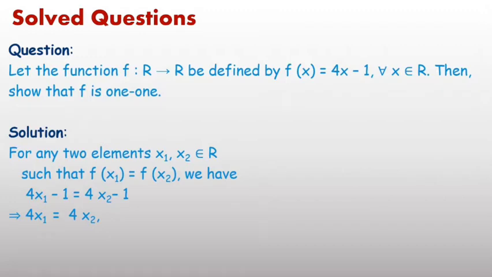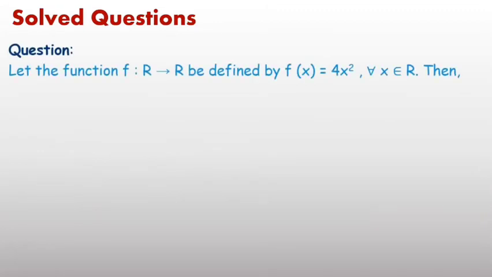Just simplify it, minus 1 cancels out. Next step, 4 also cancels out. After solving you will get x1 equal to x2. If f(x1) equal to f(x2) implies x1 equal to x2, it means the function is one-one. For onto you can check and solve yourself.